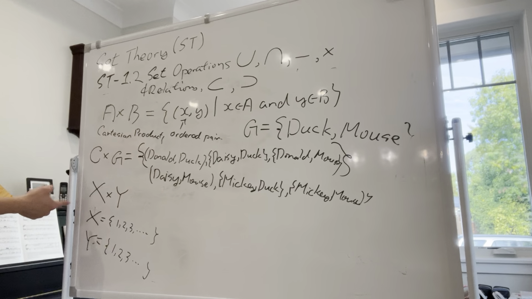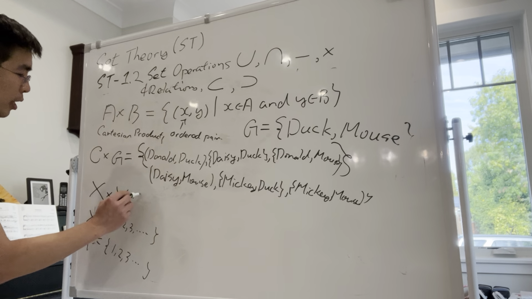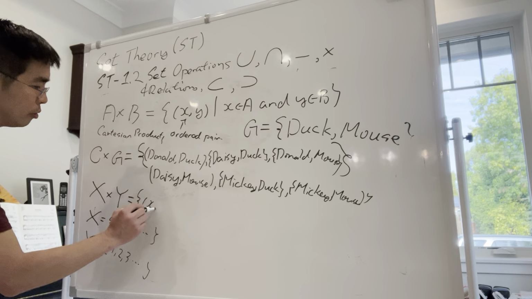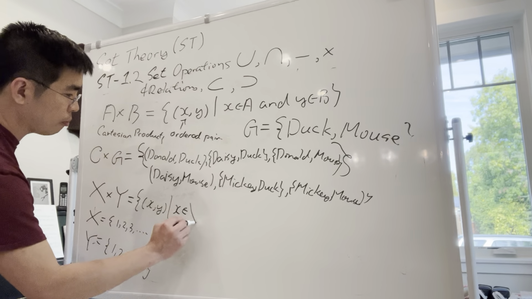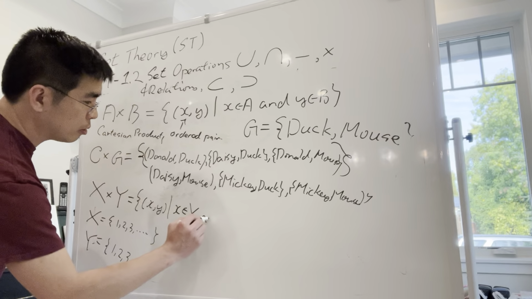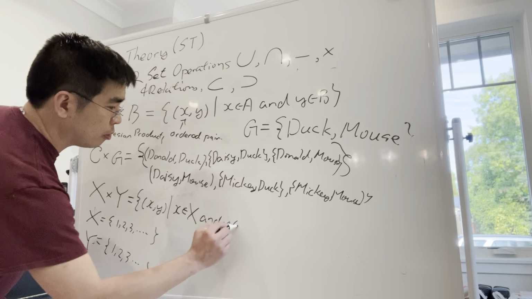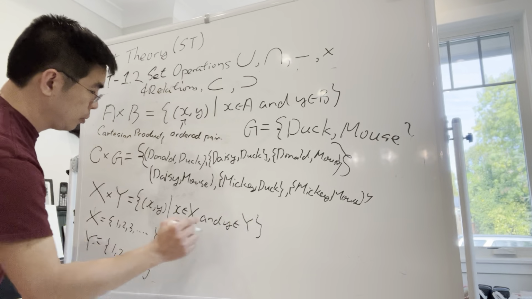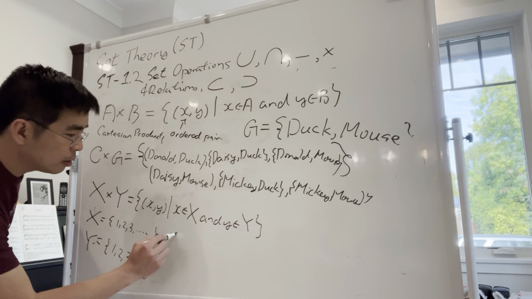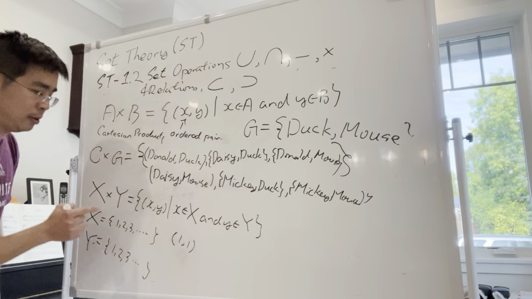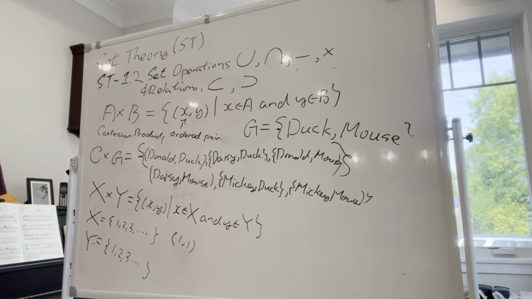And then I define a Cartesian product, X and Y. So in this example, we have an element 1, 1, which is in this. Is that the question you asked? Yeah. So it's possible.